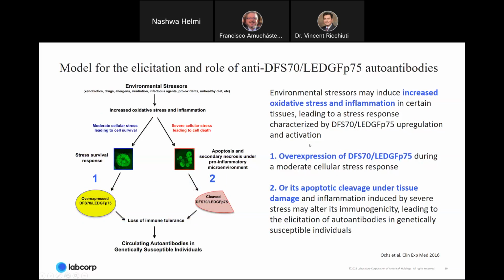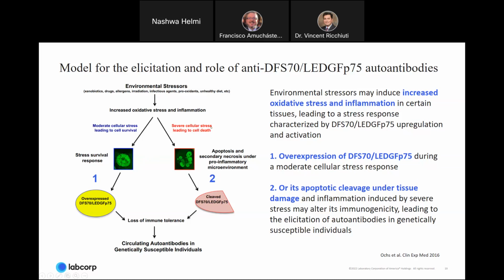That leads to the stress response characterized by DFS70 upregulation and activation. On one side, the left side, which I now number one, is a moderate cell stress that we can have every day, and there is a cell survival response that involves DFS70.